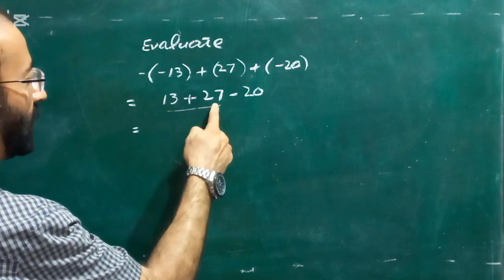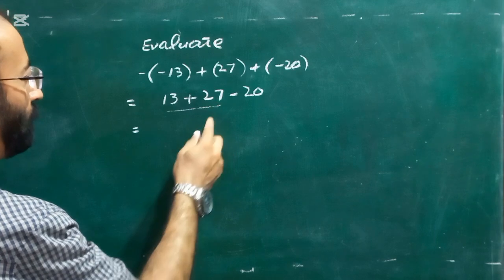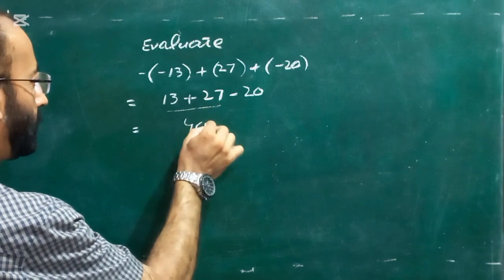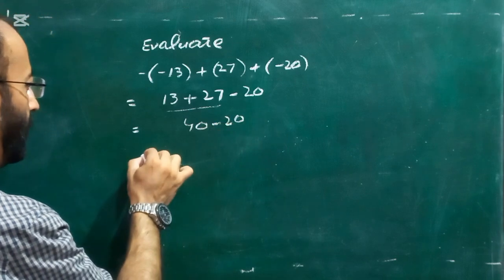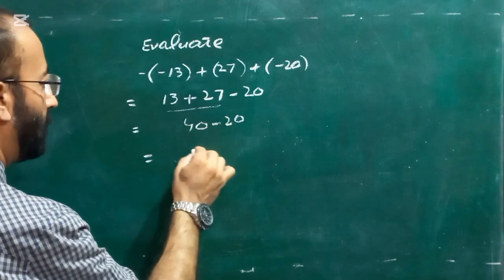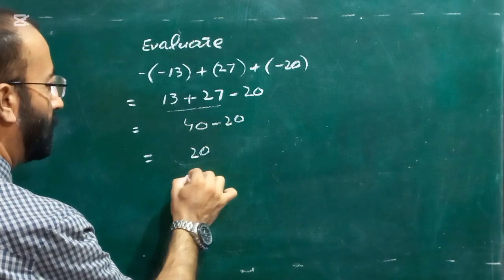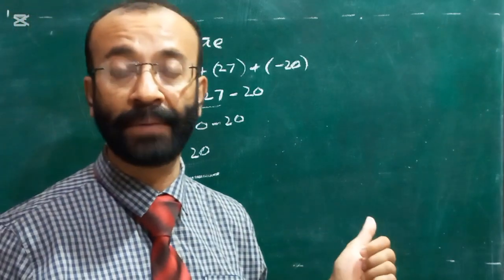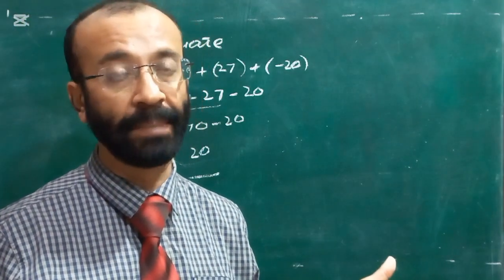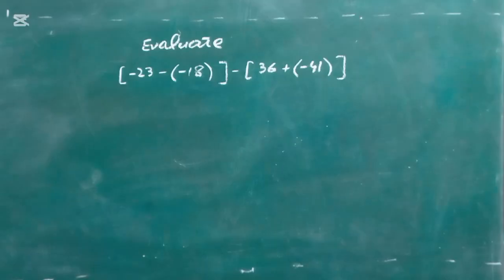So 13 plus 27 will be 40. This minus 20 will remain as it is, and in the next step 40 minus 20 will be 20. So this is the method of these kinds of questions. These kinds of questions frequently come in paper number 1 of mathematics, in which a calculator is not allowed.